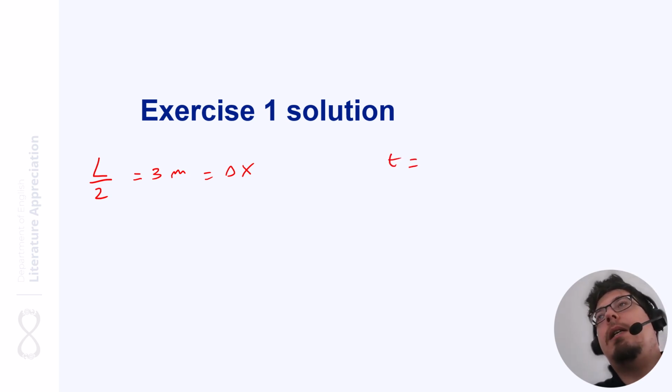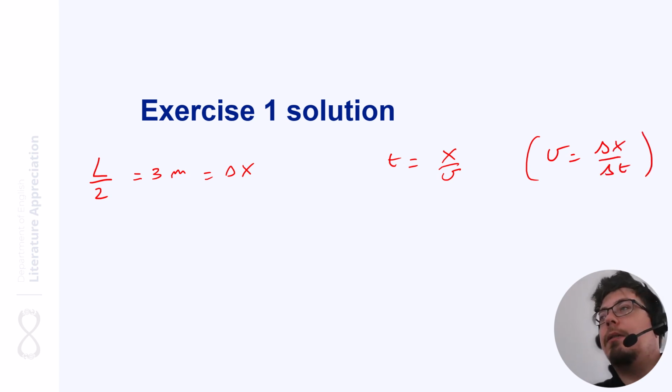So time is delta x over delta v, or v if you want, x over v, space over velocity, because we remember that velocity is delta x divided by delta t, at least the instantaneous velocity in an interval of time.